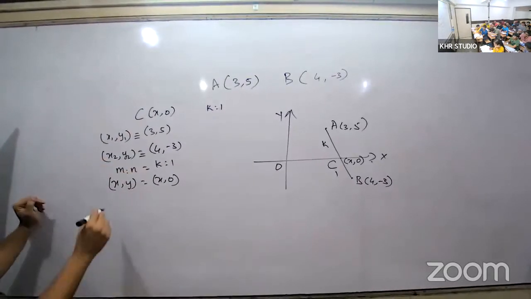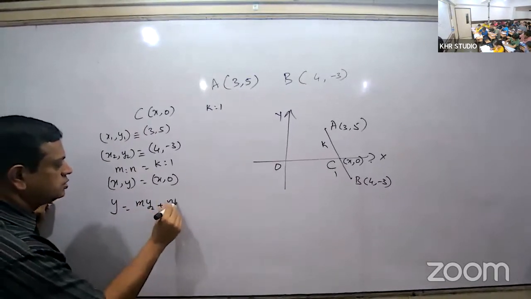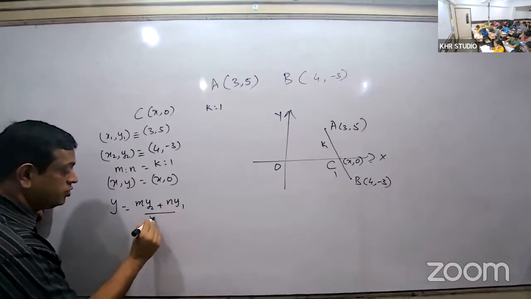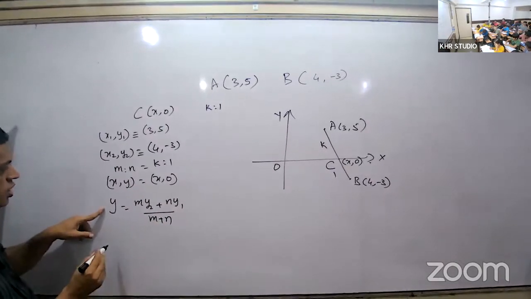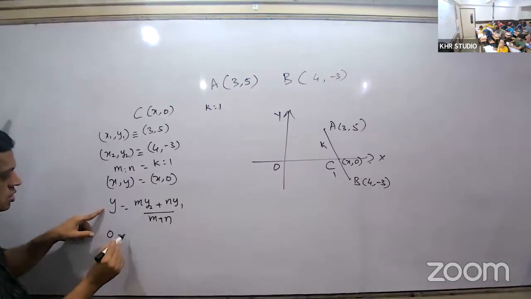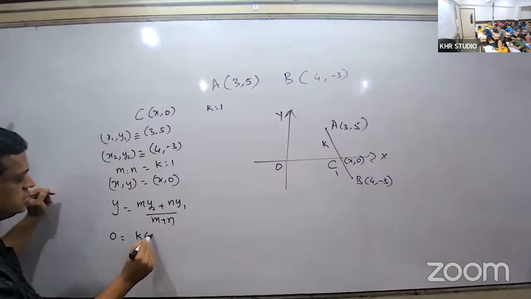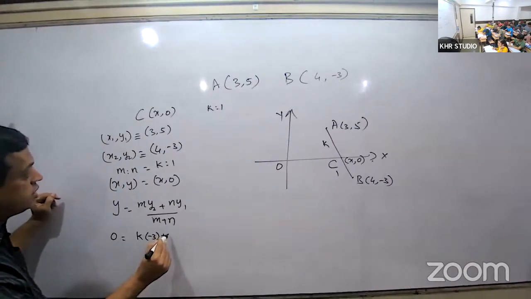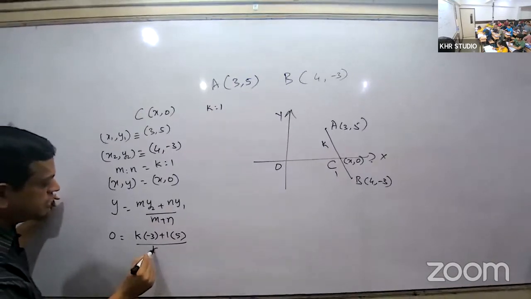Now we use y is equal to (my2 plus ny1) upon (m plus n). If you use the x formula, you don't have the x value. That's why we use this. Now replace. y is replaced as 0. m is replaced as k. y2 is minus 3. Plus n is 1, y1 value 5, divided by k plus 1.